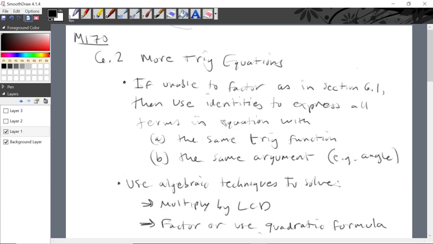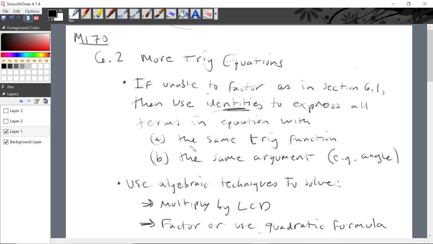In general, if we have more than one trigonometric function in an equation, we would want to use identities in order to express all of those trigonometric functions in terms of the same trigonometric function.